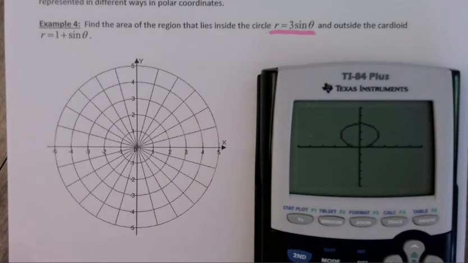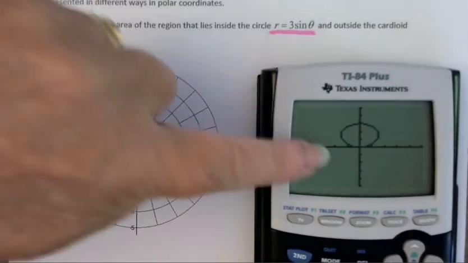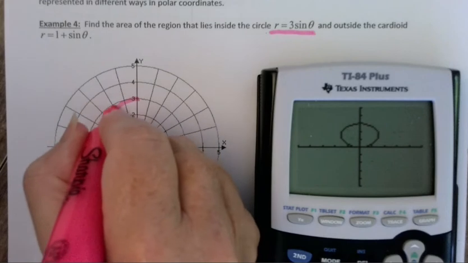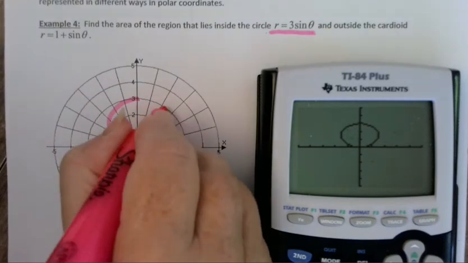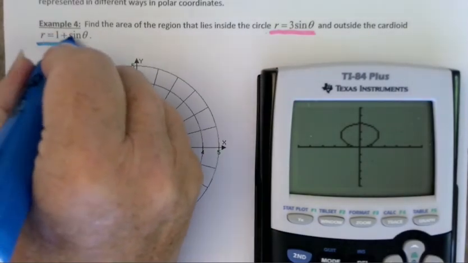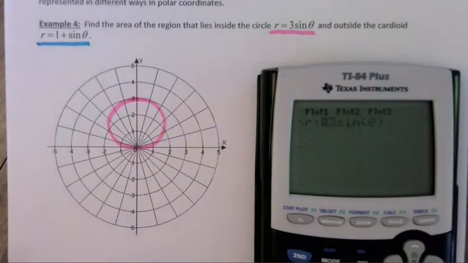Notice that's that circle, radius 3, with its center on the y-axis. So it looks something like this. And then the second one was the cardioid, r equals 1 plus sine theta. So I'm going to add that to my calculator graph as well.